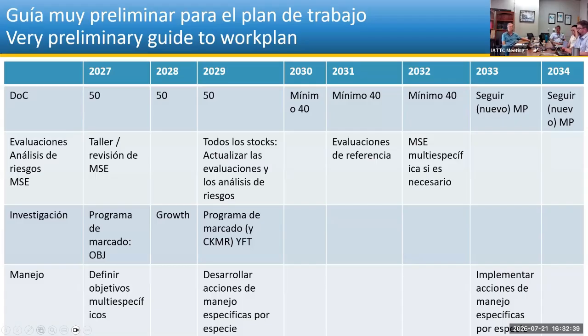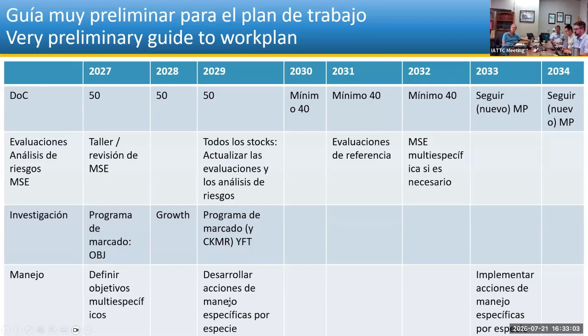In terms of management, next year we would like to initiate the development of management objectives, of multi-species management objectives. So moving from the bigeye objectives that we're discussing now to multi-species, multi-stock objectives.